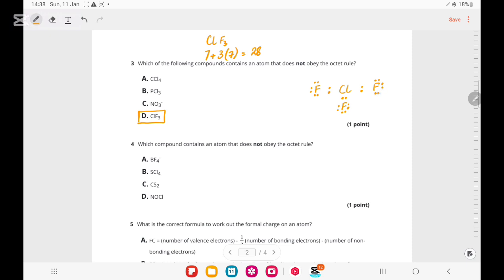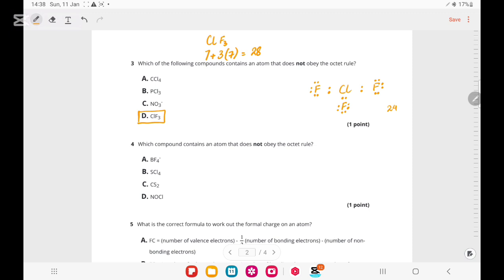So now how many electrons in total? Here 1, 2, 3, 4, 5, 6, 7, 8, 9, 10, 11, 12, and then 13, 14, 15, 16, 17, 18, 19, 20, 21, 22, 23, 24. So total electrons up till now become 24.